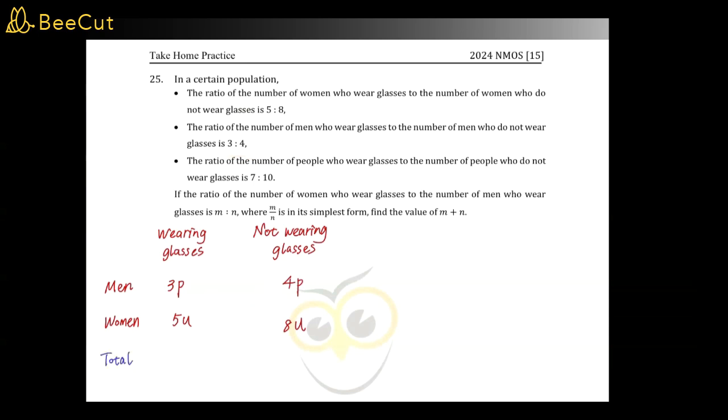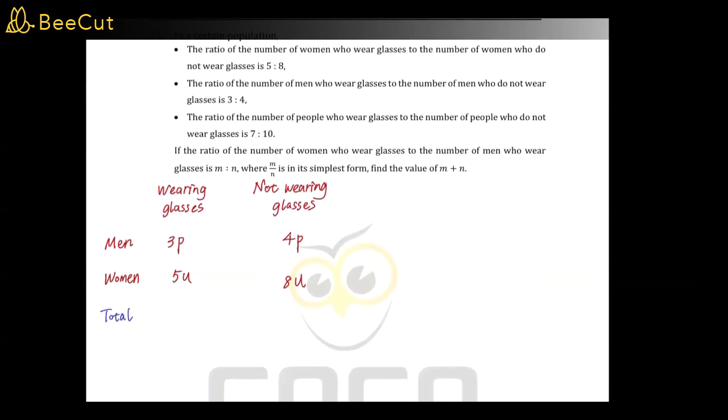So for the total, it follows the ratio 7 to 10. Now it means that the sum of them, 3P plus 5U, compared to 4P plus 8U, the ratio is 7 to 10. So let's write it down.